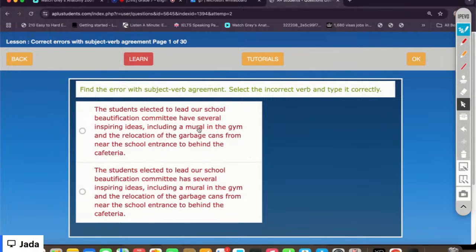So we have the student elected to lead our school beautification committee have several inspiring ideas, including a mural in the gym and the relocation of the garbage cans from several school entrances to behind the cafeteria.